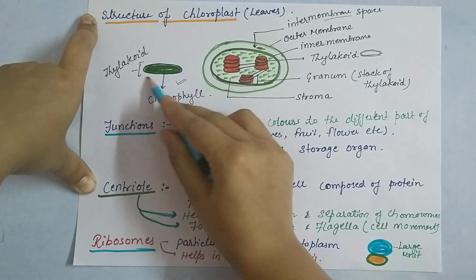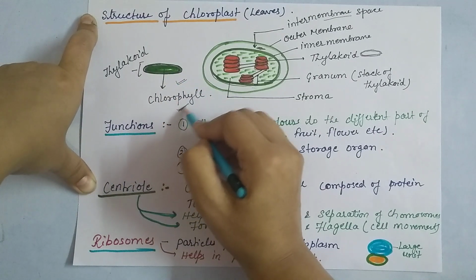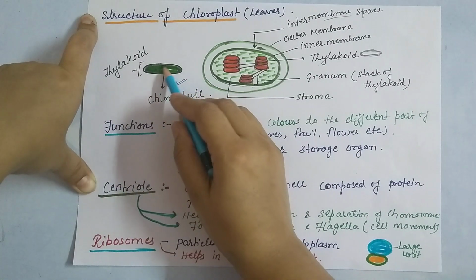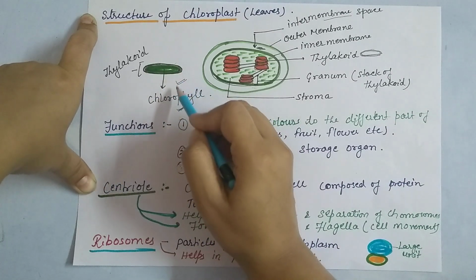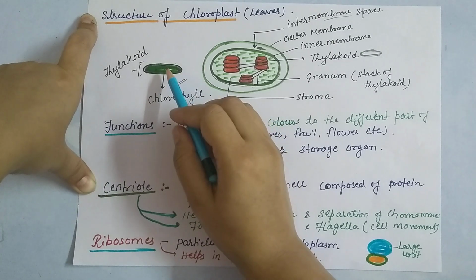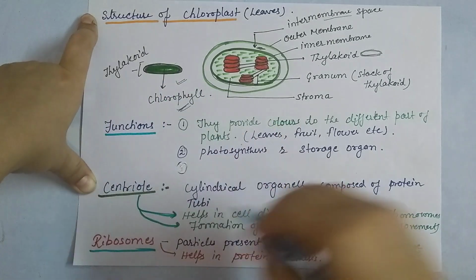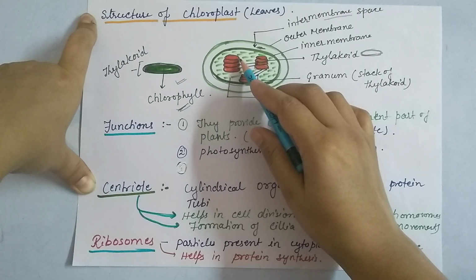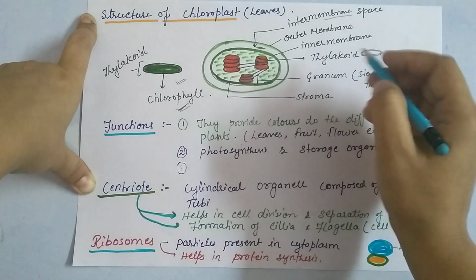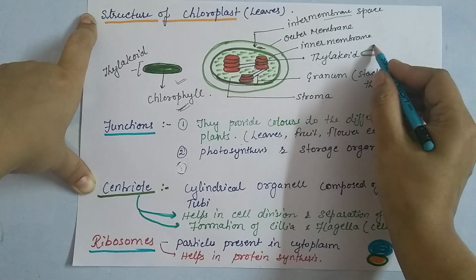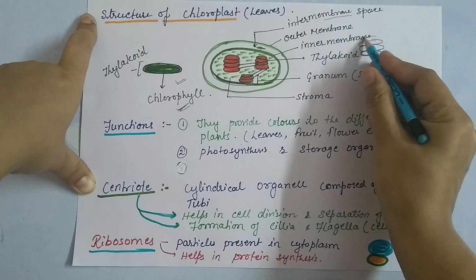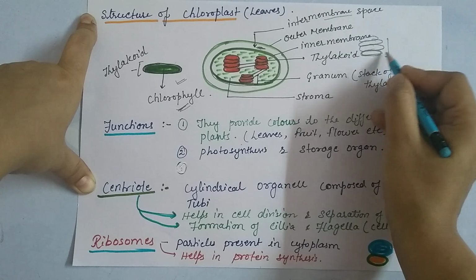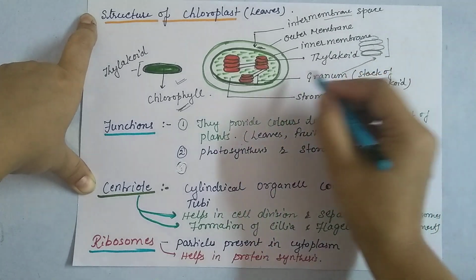This thylakoid is the region where the chlorophyll pigment is present. The green color of the leaves is due to the chlorophyll pigment, and this chlorophyll is present in the thylakoids. When at least 3-4 thylakoids are stacked one above another, this is called a granum.